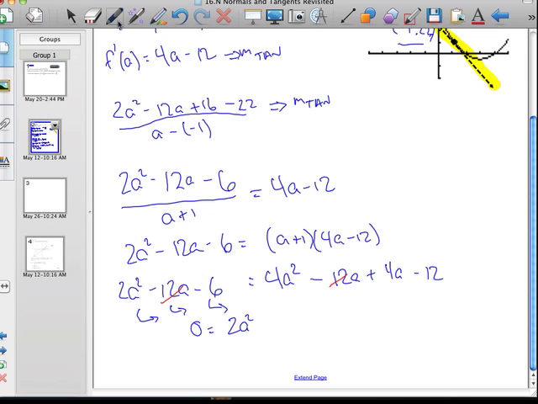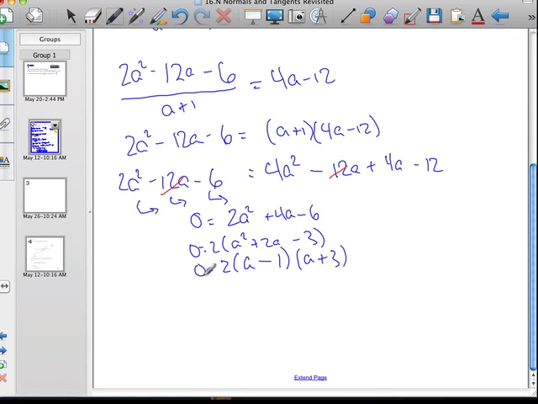Add the 6, I get minus 6. This factors nicely. I get 2 times a squared plus 2a minus 3. And I can continue to factor: 2, a minus 1 and a plus 3. So a equals 1, a equals minus 3.